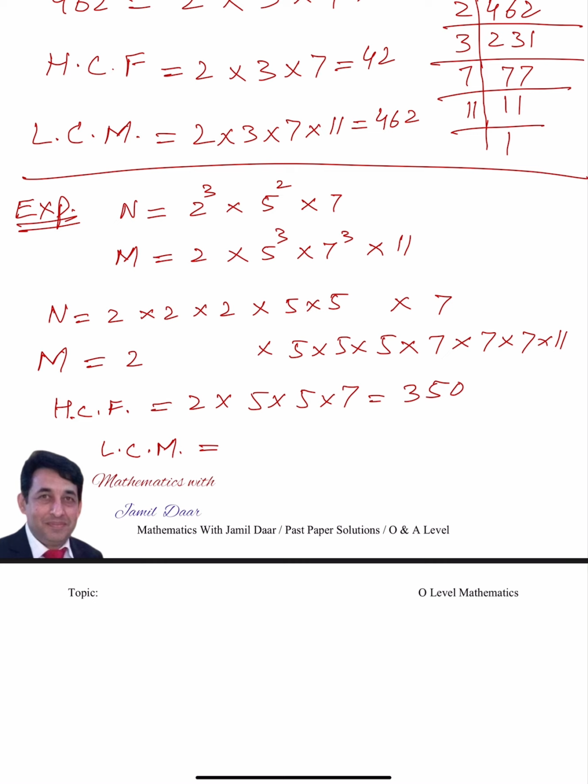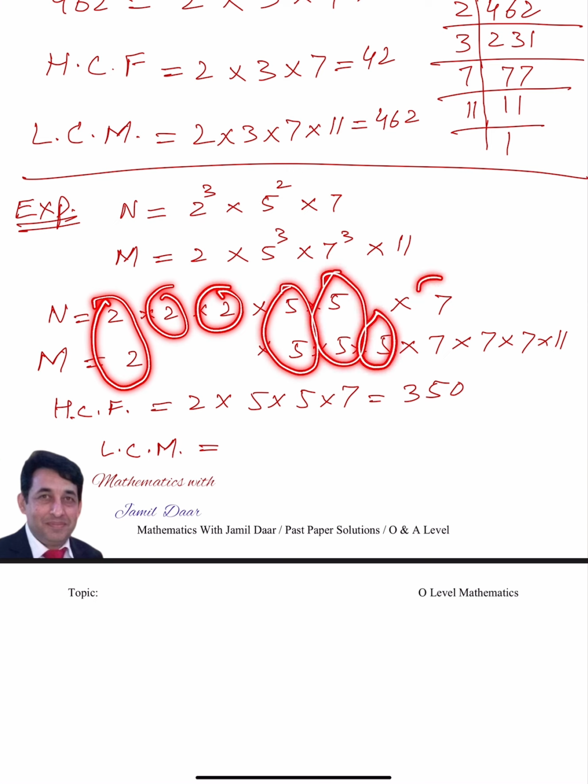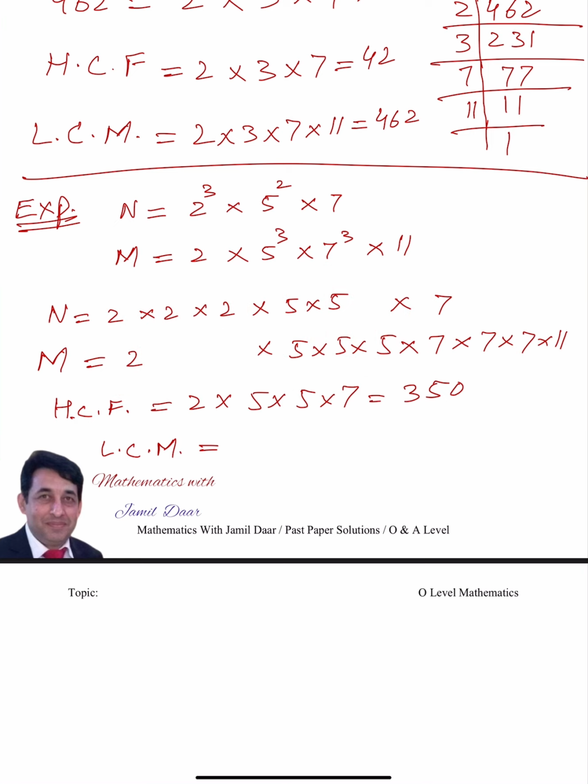Okay, LCM would be commons and non-commons both. So that would be 2, 2, 2, 5, 5, 5, 7, 7, 7, and 11. So 2 into 2 into 2 into 5 into 5 into 5 into 7 into 7 into 7 into 11. Okay, so multiply all these and you'll get the answer.